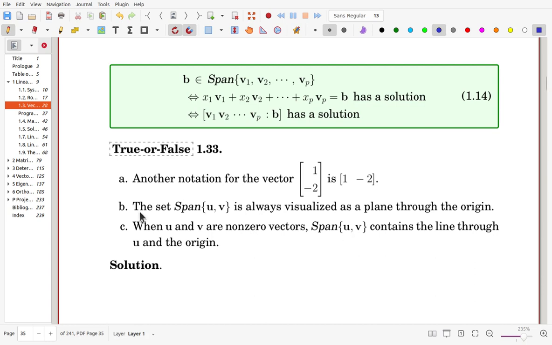V can be quite different from U, then it can be a plane. However, the span should contain at least a line through U and the origin. It should contain U at least. So the statement is true.